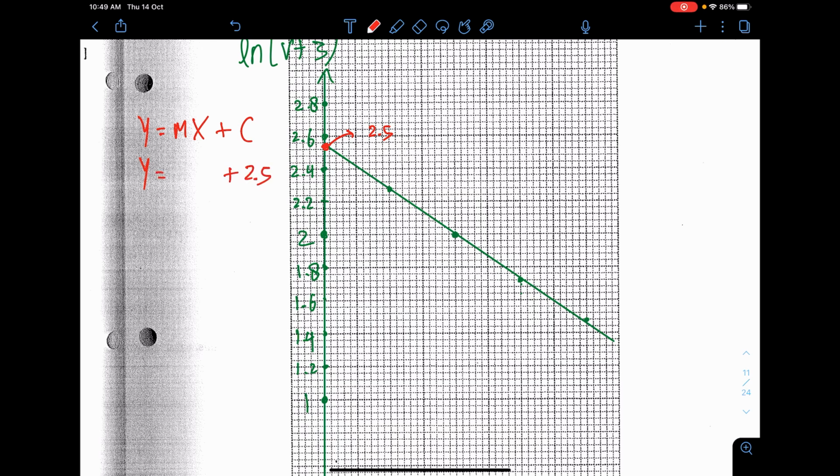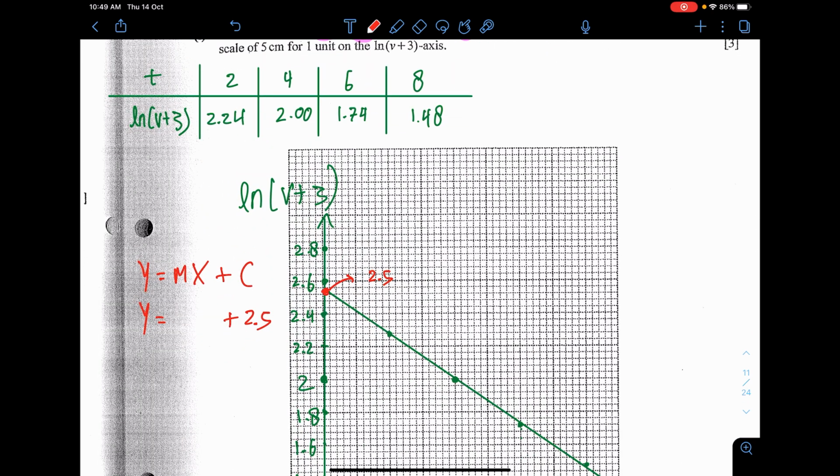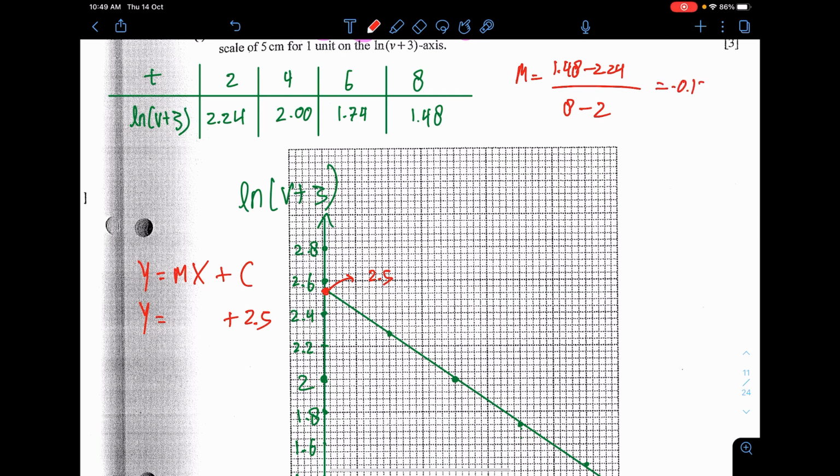Next is the gradient. For the gradient, you just need to use the values that we get in the table. You can find the gradient by taking vertical minus vertical, 1.48 minus 2.24, divided by horizontal minus horizontal. That should be something around negative 0.126.